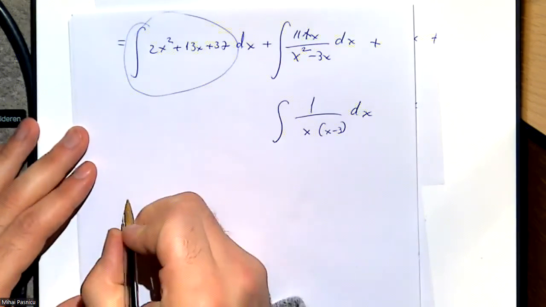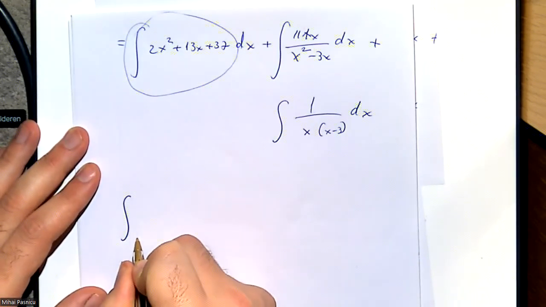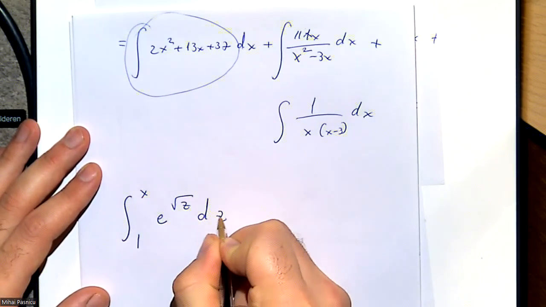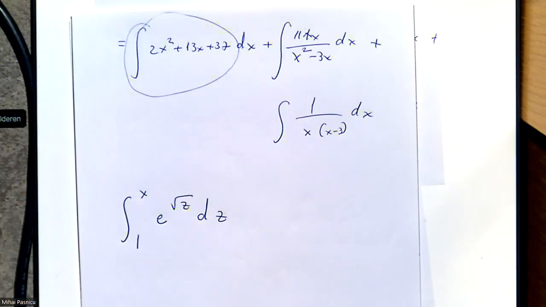But now, how about this integral? Integral from 1 to x of e to the square root of z dz. How does this work? This is a great problem.